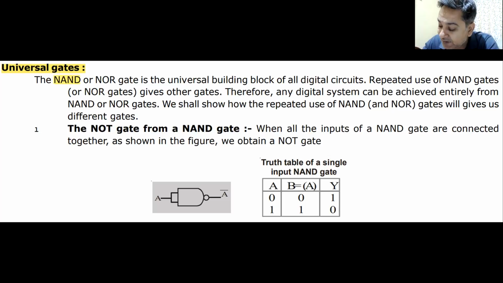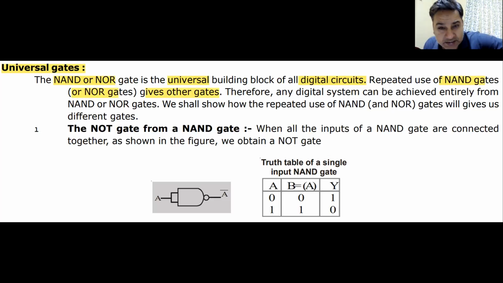Similarly, the NAND gate or the NOR gate is the universal building block of all digital circuits. So you might not use an AND gate, basic gate, NOT gate, or OR gate. You basically use a NAND gate or NOR gate. Repeated use of NAND gates or NOR gates will give us other gates.